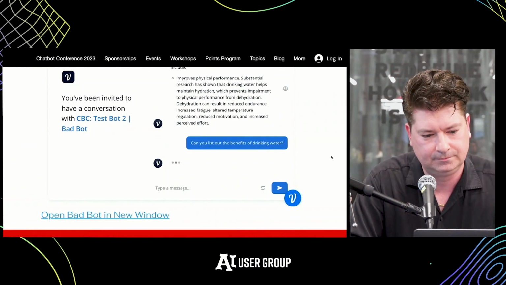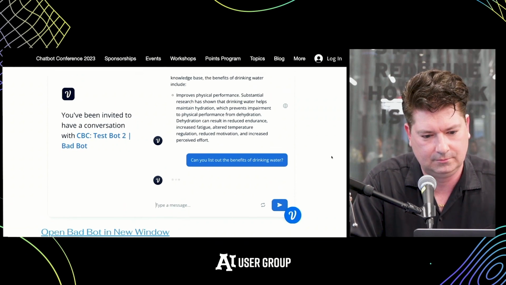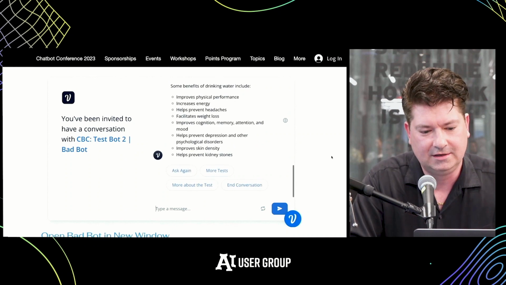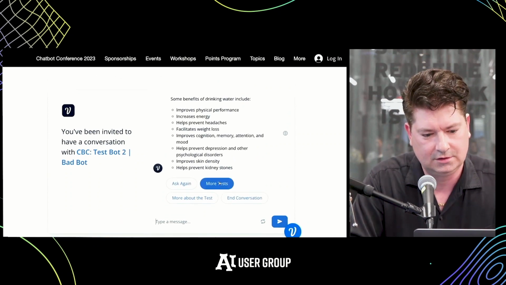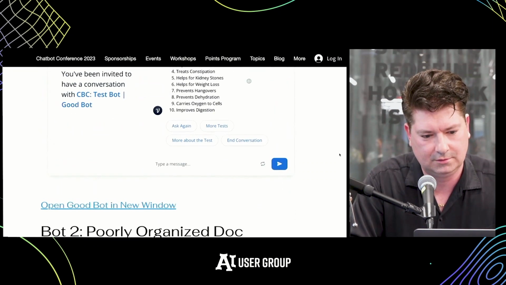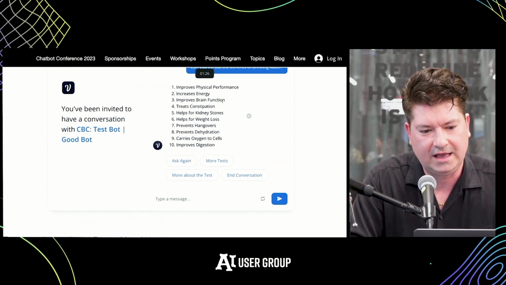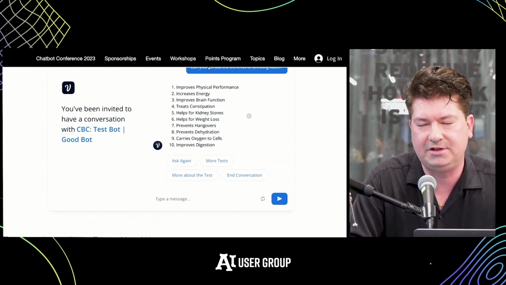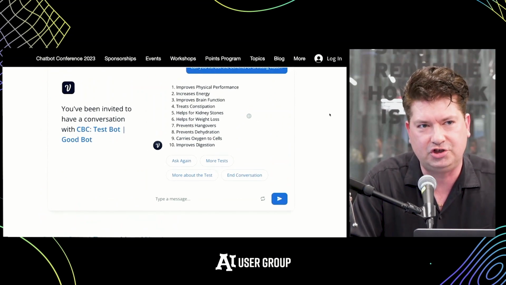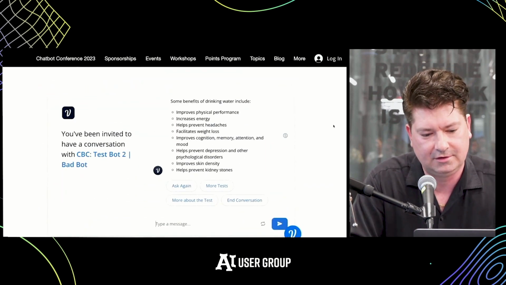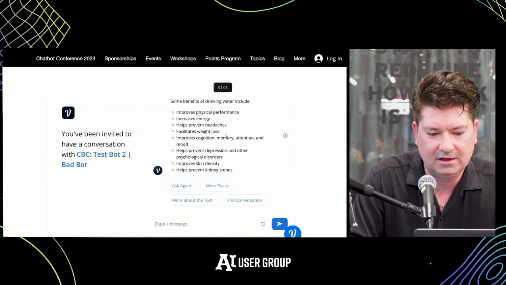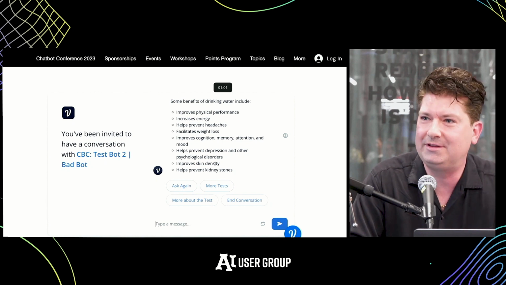Let's see how many this will give us. And so these 10 that it's giving us are going to be directly from the H2s, right? Where this one, they're kind of like a little bit improved skin density. I don't know what that means.